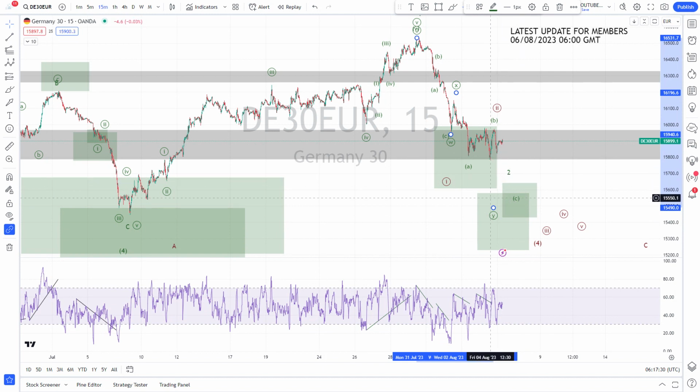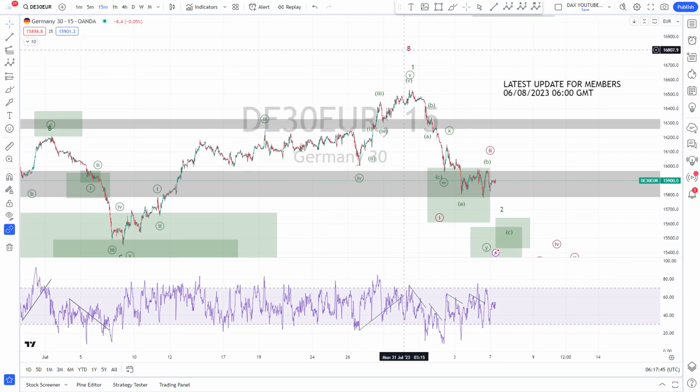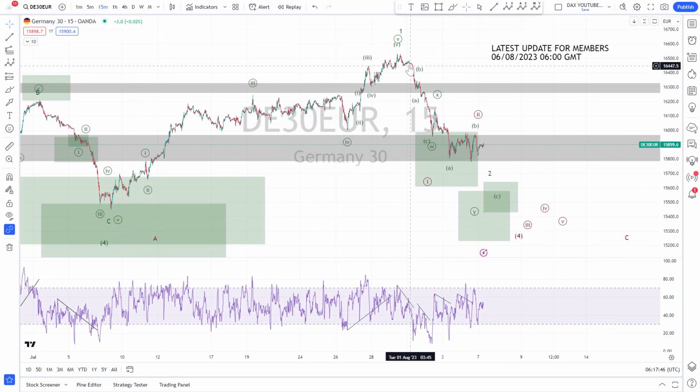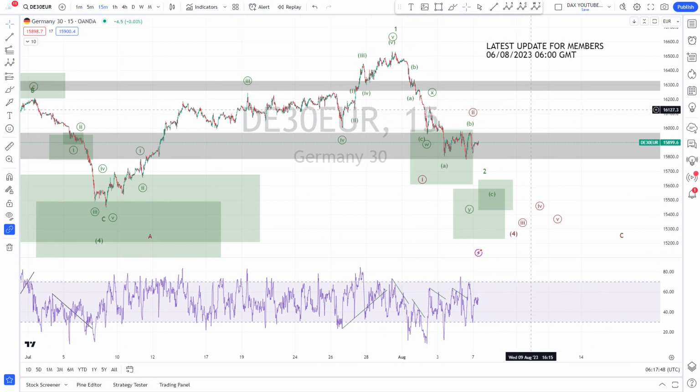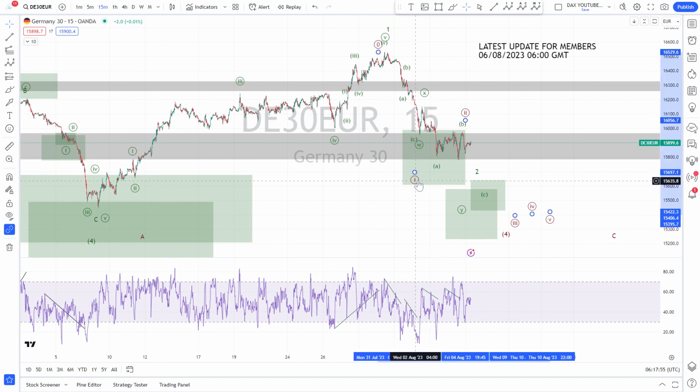And now let's look at the bearish scenario. So that would mean that we do an impulse down, because if this is our wave B, we need here a wave C. And so I started to label the impulse here, and I believe this then should be our wave 1.